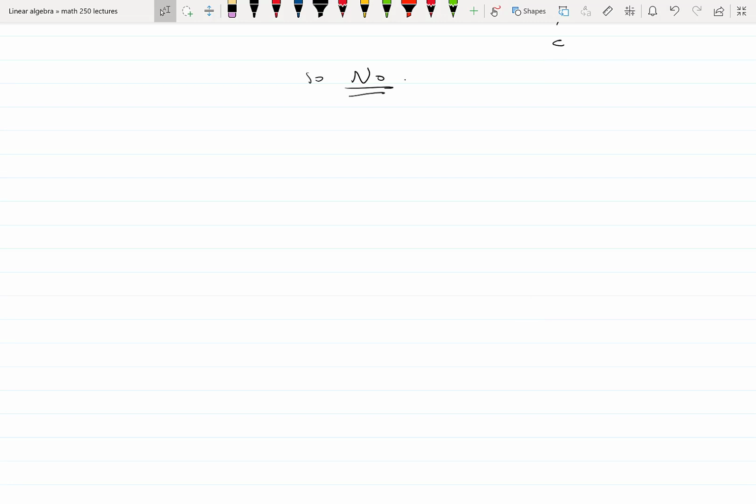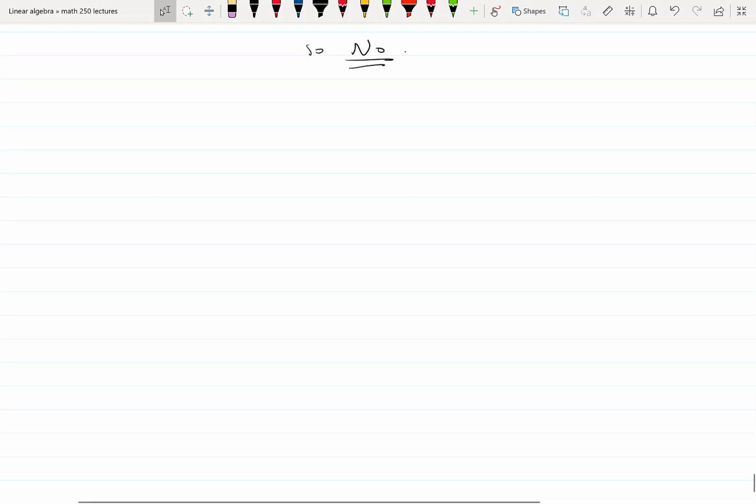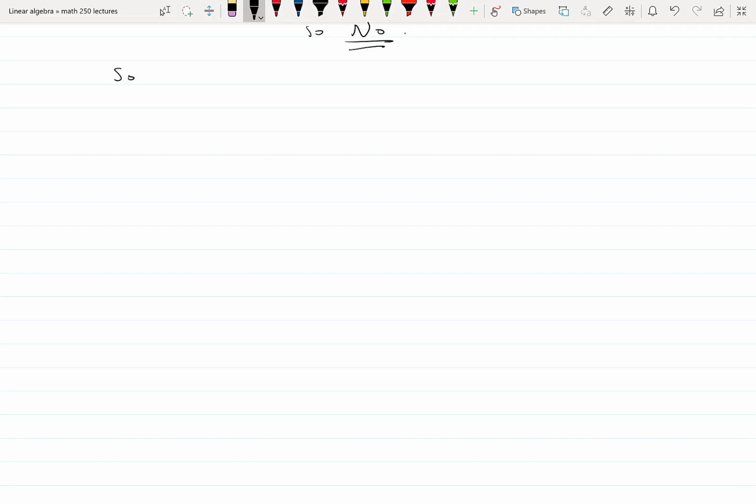So back to the vector space of subspaces. So back to the question. How do we get properties 3 and 4 to be true in a subset W of V, a known vector space?